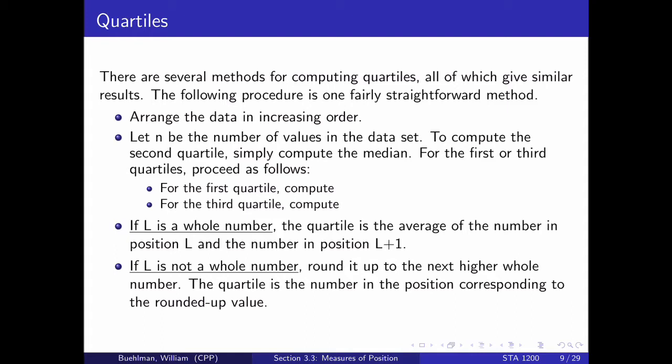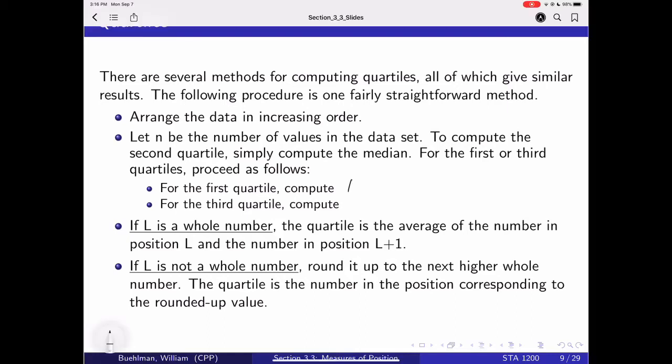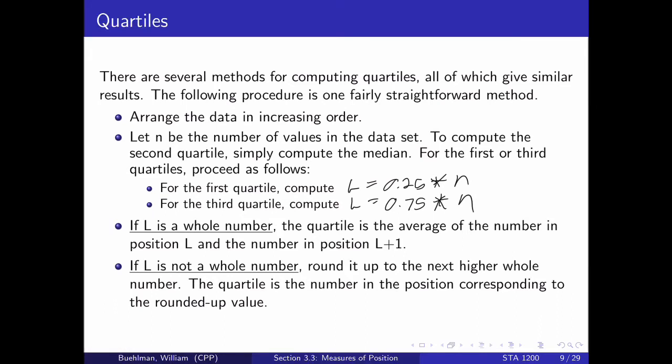For the first quartile, compute L, which is equal to 0.25 times n. For the third quartile, compute L, which is equal to 0.75 times n. If L is a whole number, the quartile is the average of the number in the position L and the number in position L plus 1. So L gives you position, just remember that.